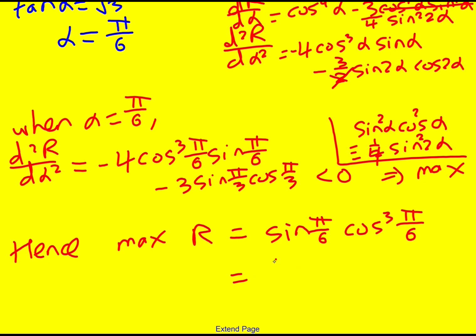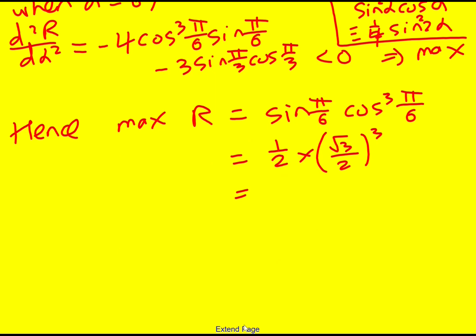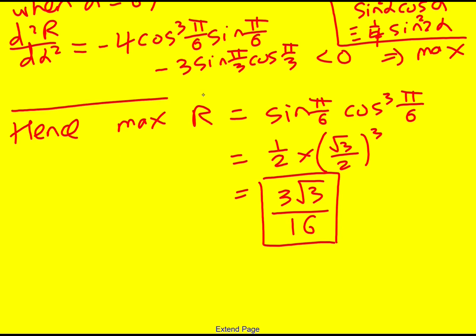Sine pi over 6 is a half, whereas cos pi over 6 is root 3 over 2. So cube this one, which gives us, well, the square root of 3 cubed gives 3 root 3. And then we're going to have an eighth. So overall, it's going to be 3 root 3 over 16. Well done.